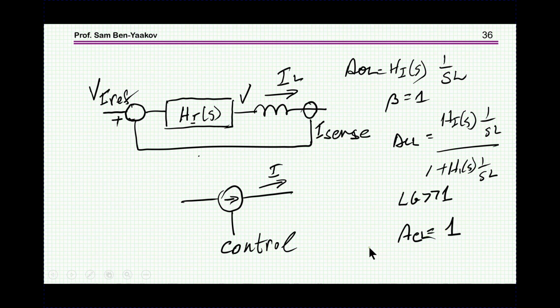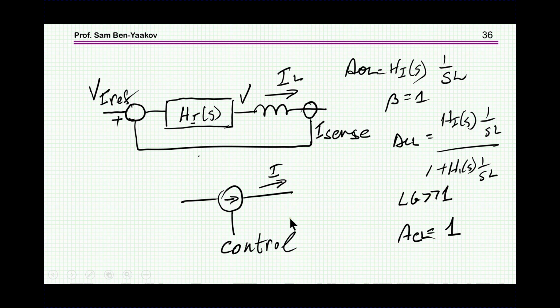So what does it mean? It means that this part, which originally was an inductor, now becomes like a constant between here and the current because of the feedback. So we have dropped the effect of the inductance.